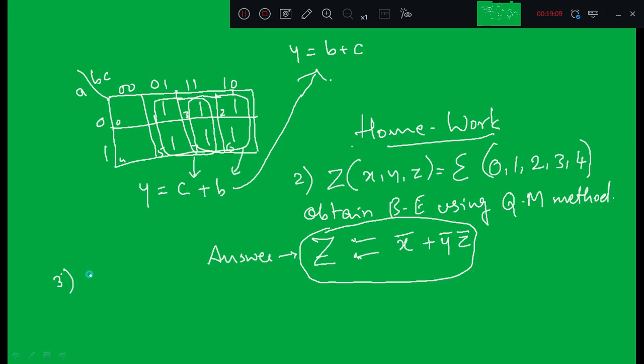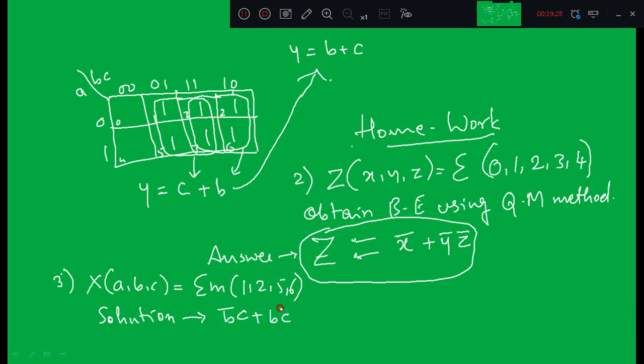Again it is F of a b c is equal to summation m 1 2 5 6. The solution for this example is b bar c plus b c bar, or it can also be written as b XOR c. So solve it using the QM method first, then verify your answer using the K-map.